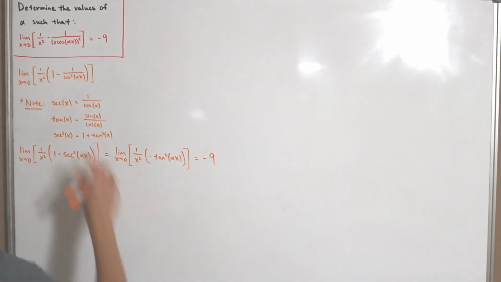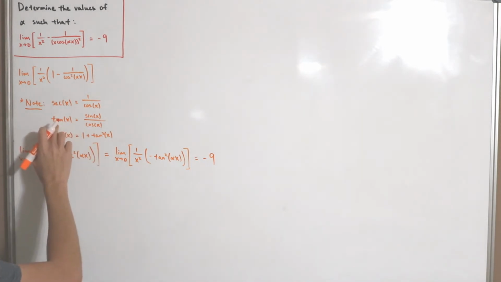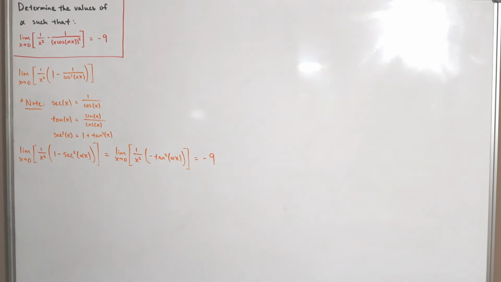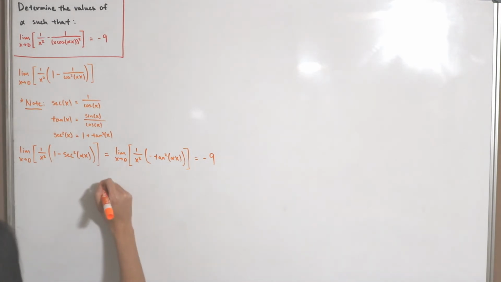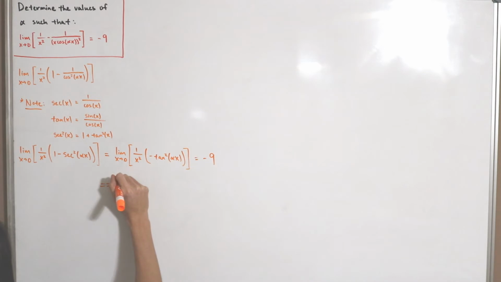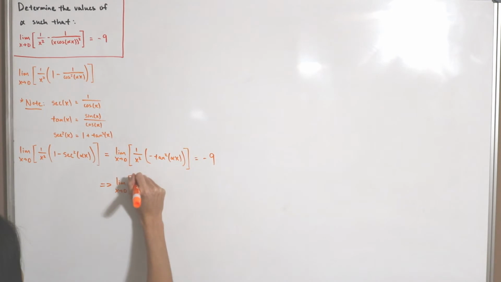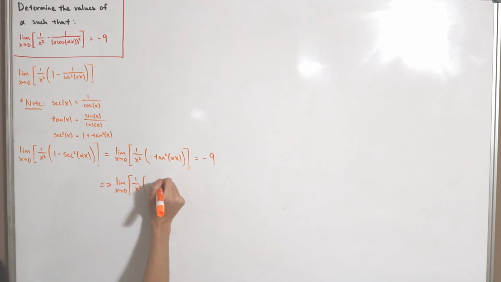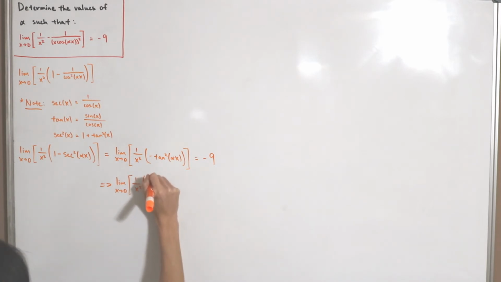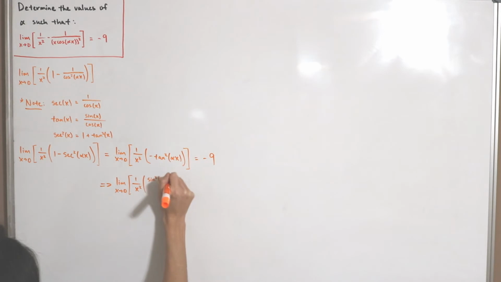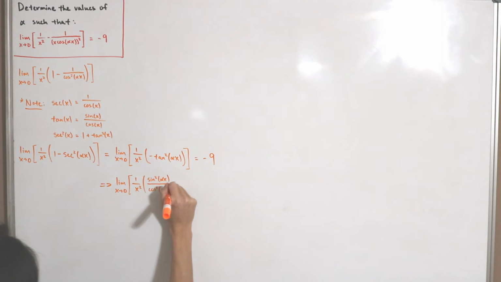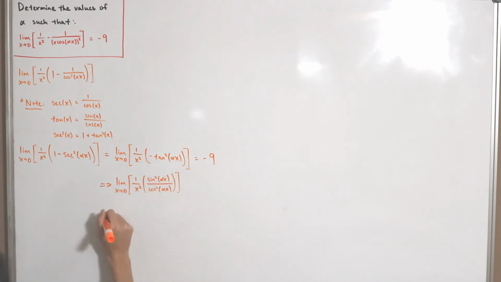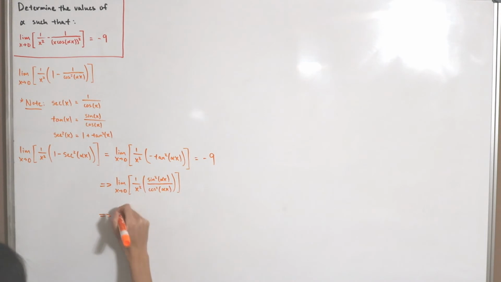Now, we'll be using the identity where tangent x is equal to sine over cosine x. So let's rewrite this a little more. That means we have the limit as x approaches 0 of 1 over x squared, then multiplied by sine squared of alpha x divided by cosine squared of alpha x, and then just distribute the x squared into here.